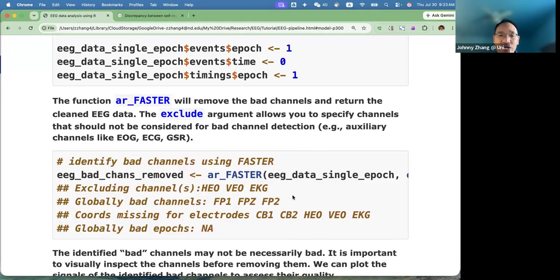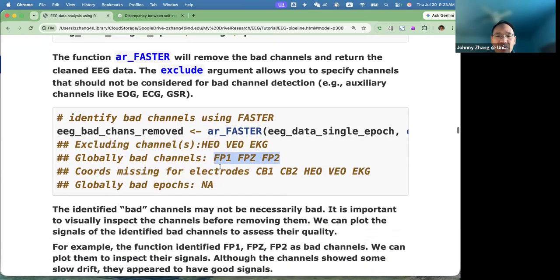As I said, it does automatic channel removing. So basically, it identifies those three channels as the bad channels: FP1, FPZ, FP2. Those are all the channels placed in the front of the brain. So then we have a set of data after removing those bad channels.